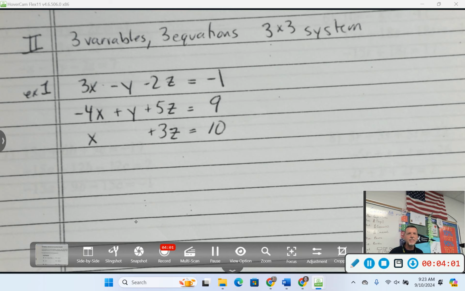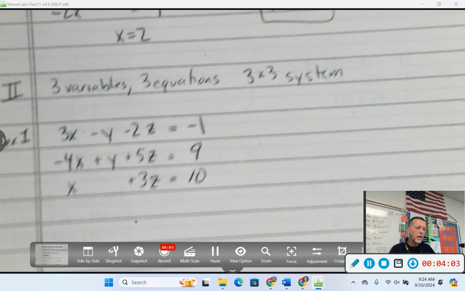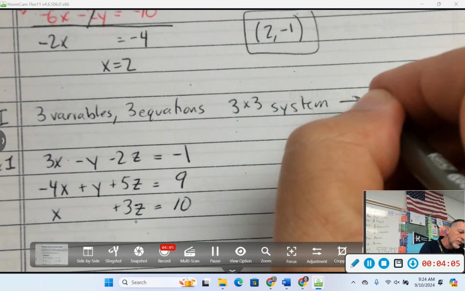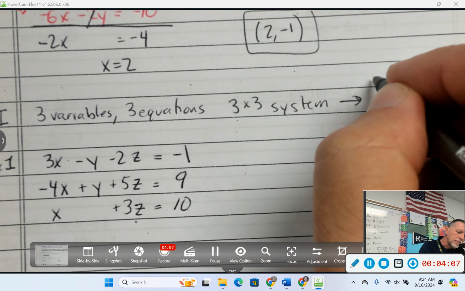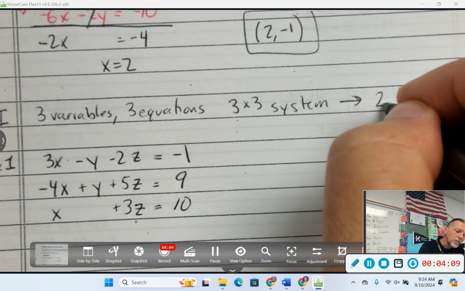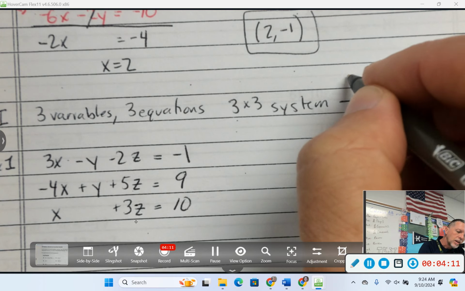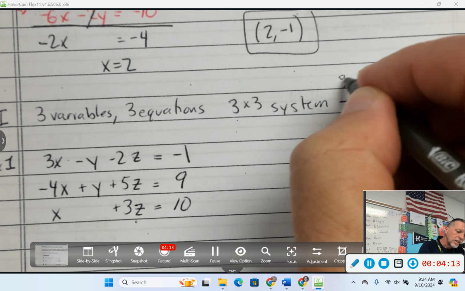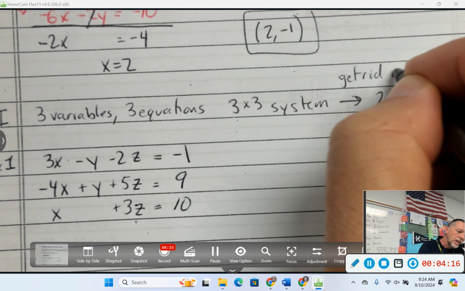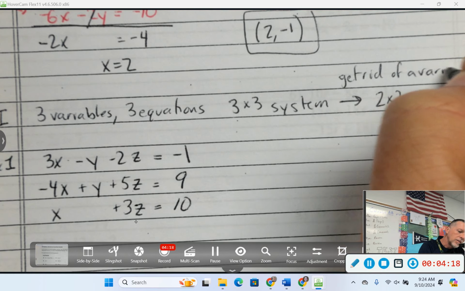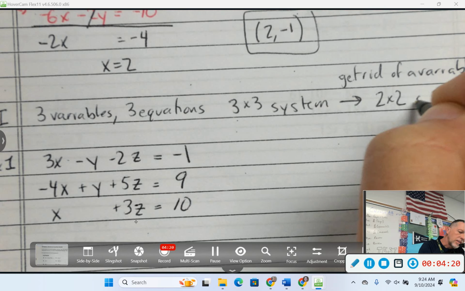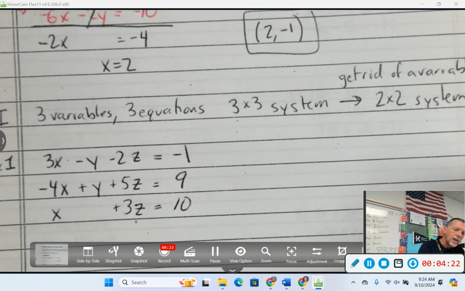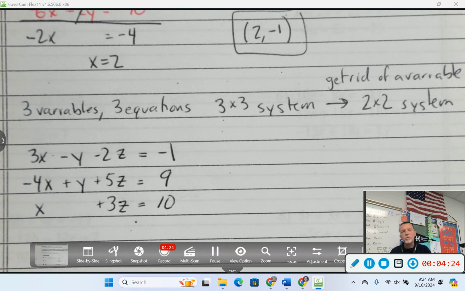Okay, let's see. Well, when you have a 3x3 system, first step is to turn it into a 2x2 system. So get rid of one variable. Get rid of a variable, turn it into a 2x2 system, and then you know how to solve a 2x2 system.